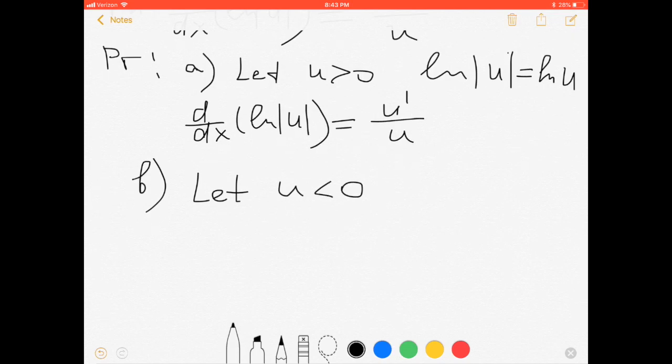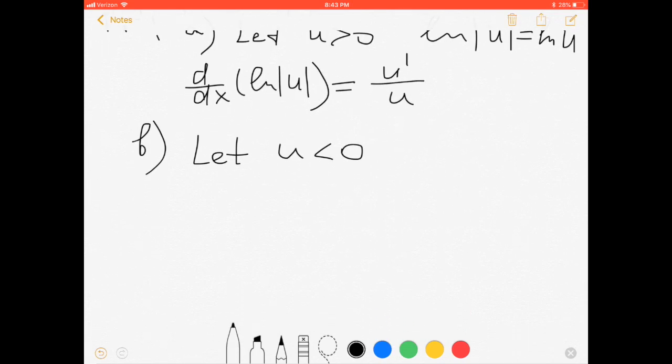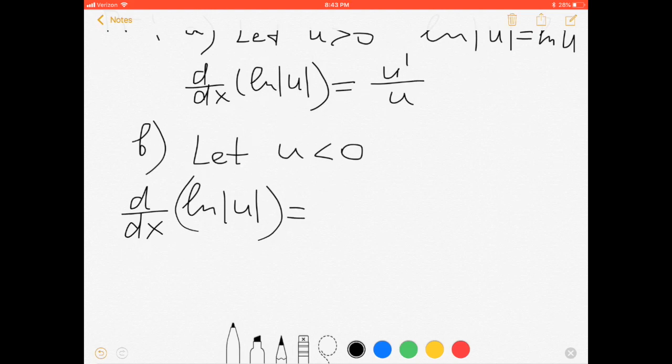Okay. B, u is negative. This means for natural logarithm of the absolute value of u, you need to take the opposite of u. For example, the absolute value of 5 is 5, and the absolute value of negative 5 is still 5, but this means minus negative 5.